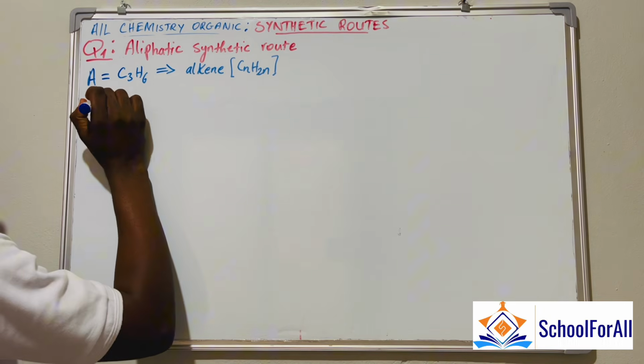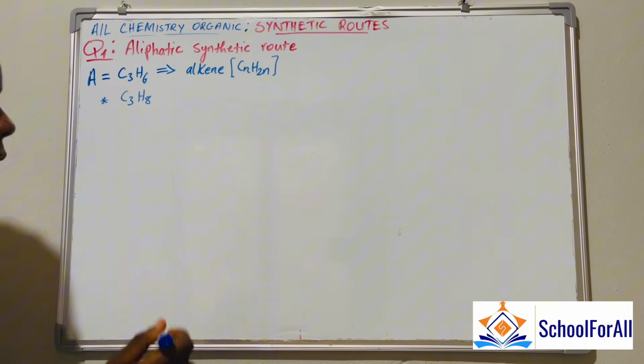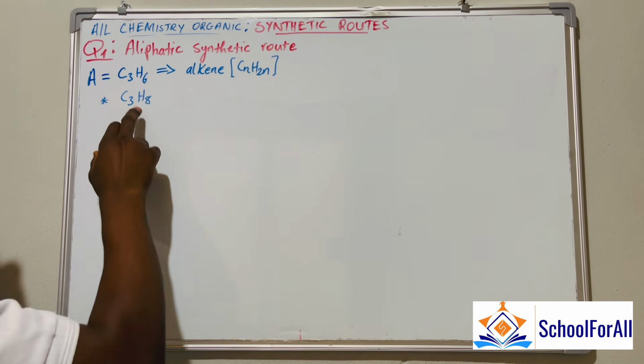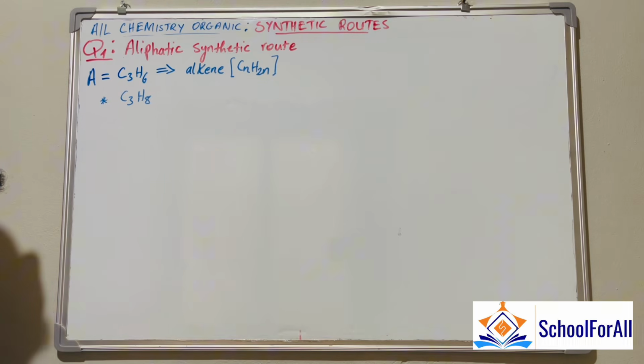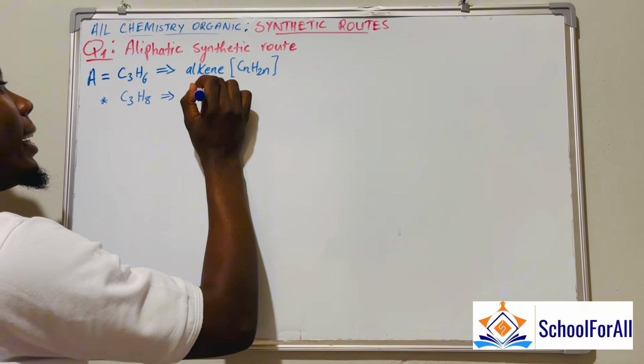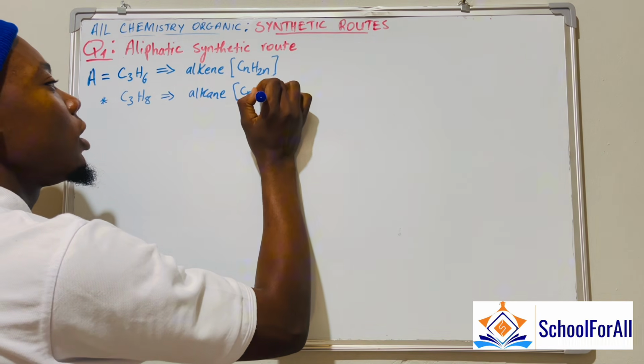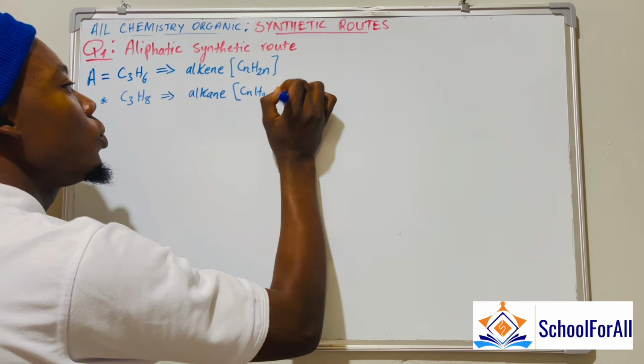Now, what if you see a compound in such a form in which the number of hydrogens is more than the number of carbons times 2? Automatically such a compound is an alkane, with general formula CnH2n+2.